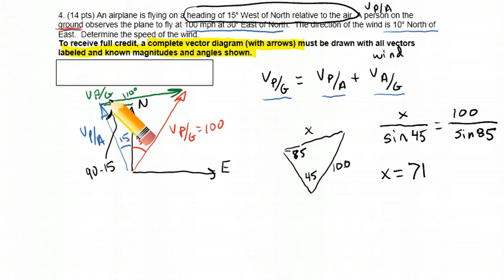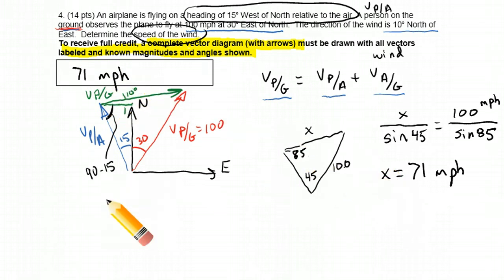That is the velocity of the air with respect to ground. The units were miles per hour, so it's going to be miles per hour. And that's all we need to do, determine the speed of the wind: 71 miles per hour.